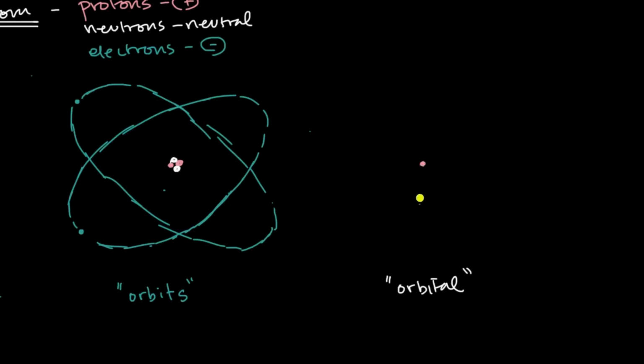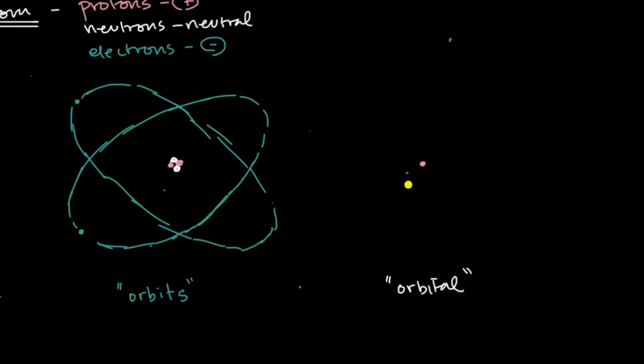And if you have a neutral hydrogen atom, that one electron, instead of being in orbit around that one proton like that, we can really just think about the probabilities of where it might be. It could be here, it could be there at any given moment, it could be off the screen at some moment, but it's more likely to be in certain regions of space around the nucleus than others.